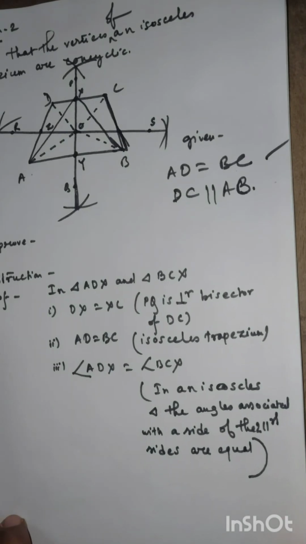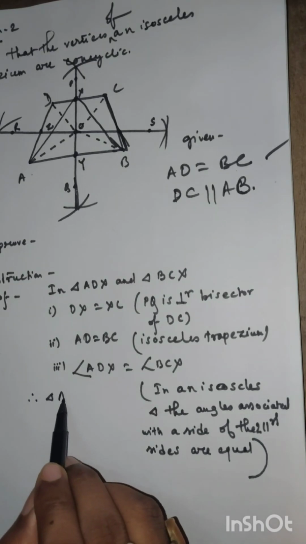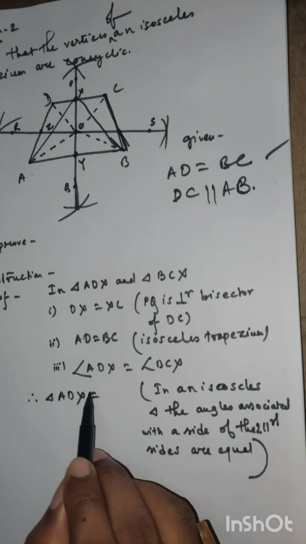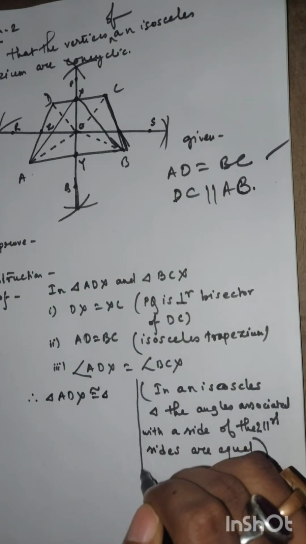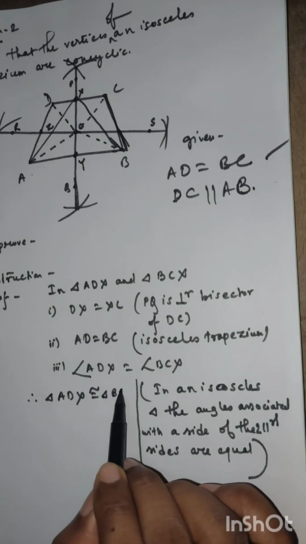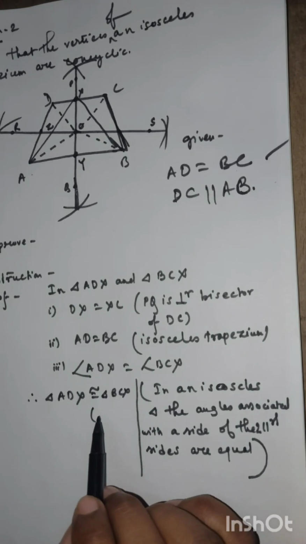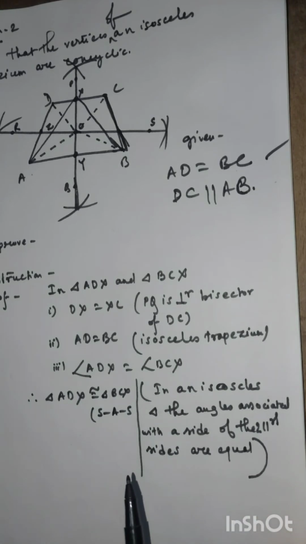So from these 3 points we can write, therefore triangle ADX congruent to triangle BCX. Side angle side congruency.